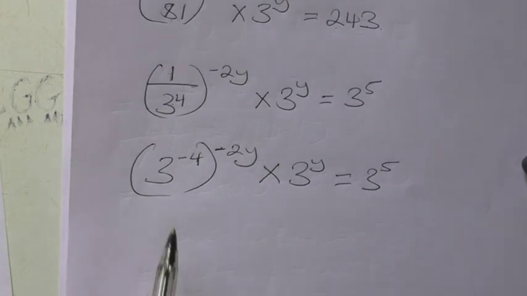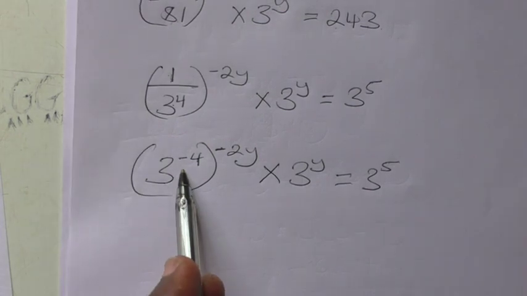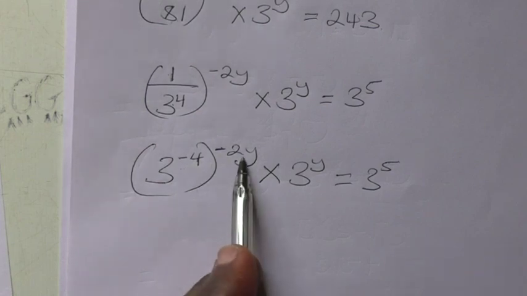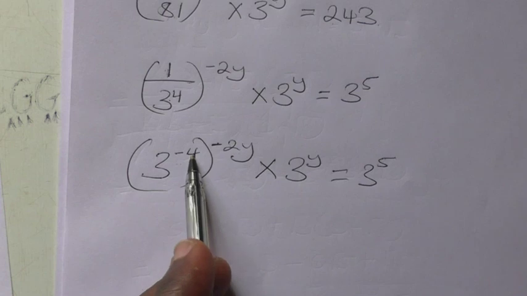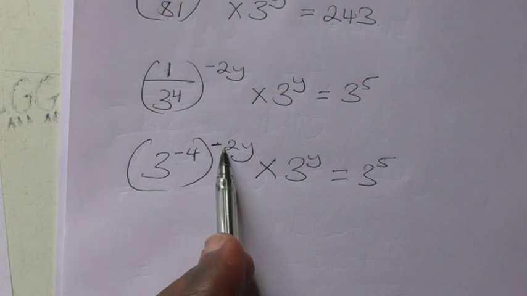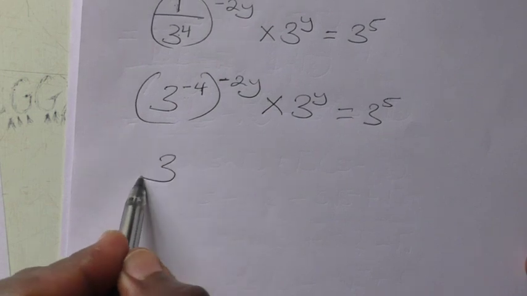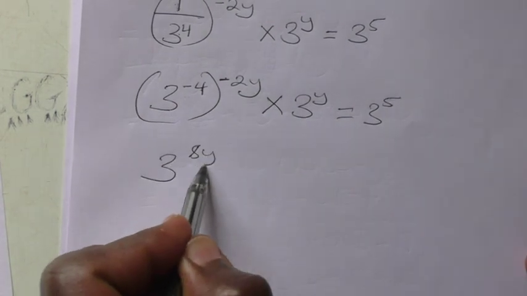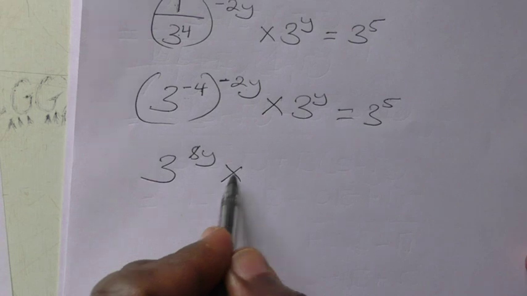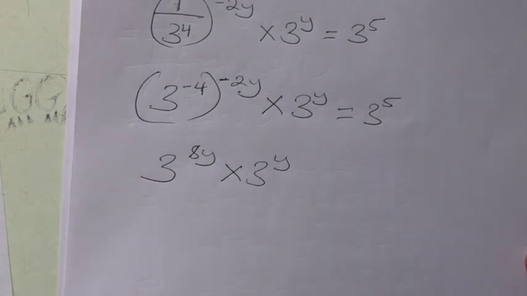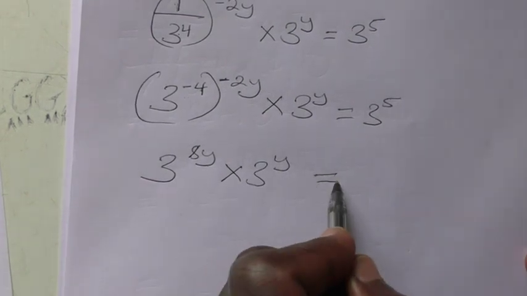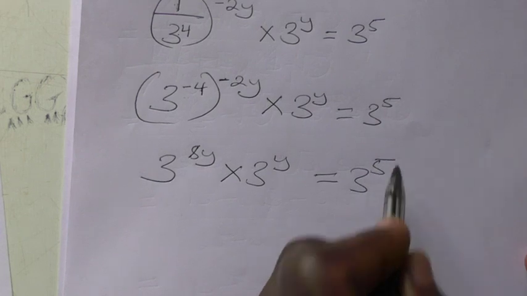And now, among the laws of indices, we saw that when a base has more than one power, we multiply the powers. So we shall multiply negative 4 times negative 2y. So that gives us 3 power 8y times 3 power y equaling 3 power 5.